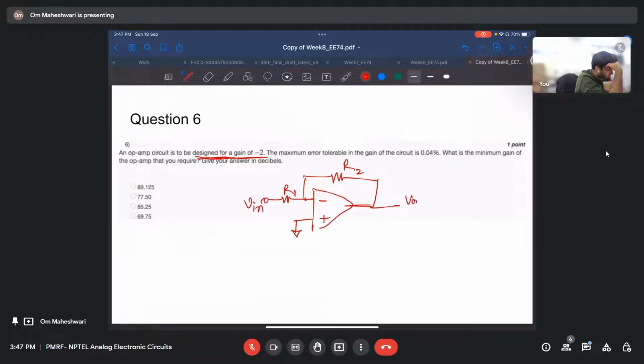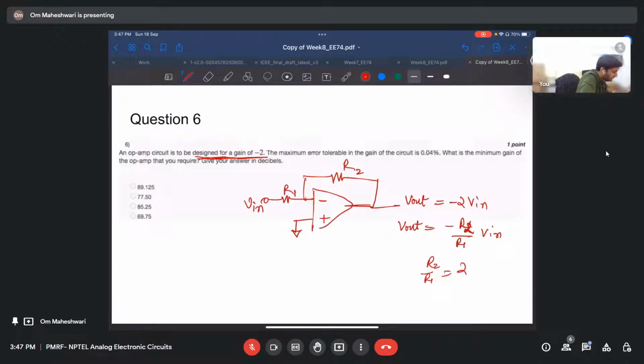So output is -2 V in. So V out equals minus R2 by R1 V in. So R2 by R1 equals 2.